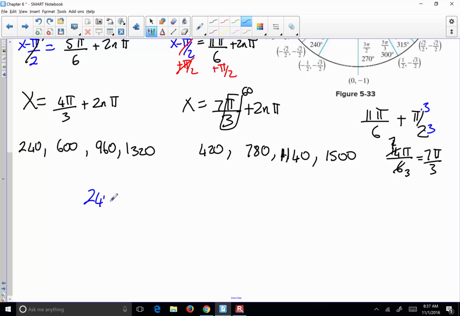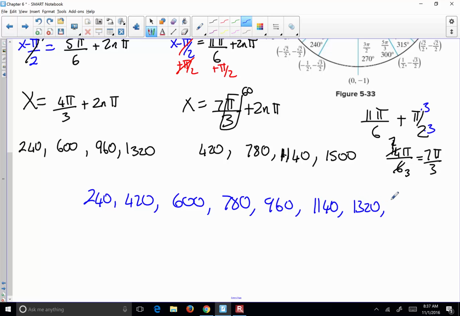First 240, 420, and then 600, 780, 960, 1140, 1320, 1500. What is the difference between each? Can you find the pattern between each angle? What is it?